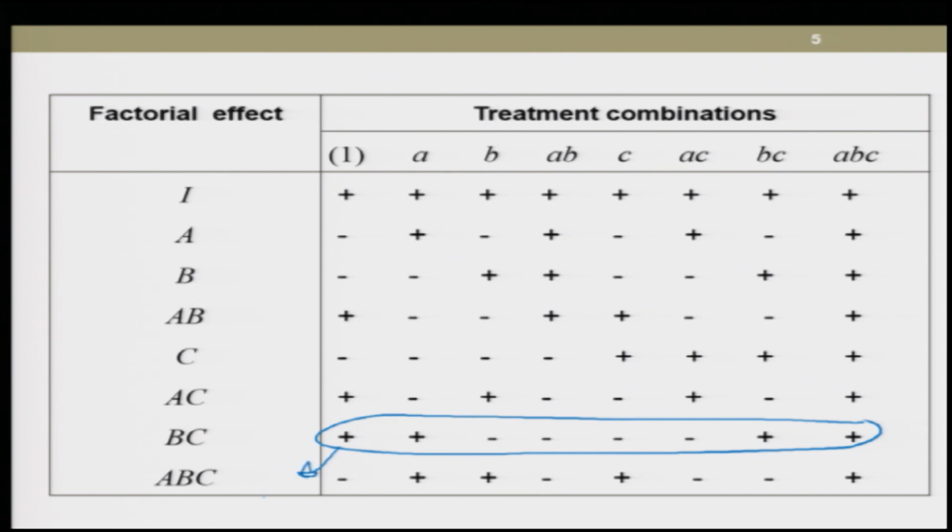So BC can be 1 over some divisor, and then this will be y1 plus ya minus yb minus yab minus yc plus yac plus ybc plus yabc. Right. So that is the advantage of this table.